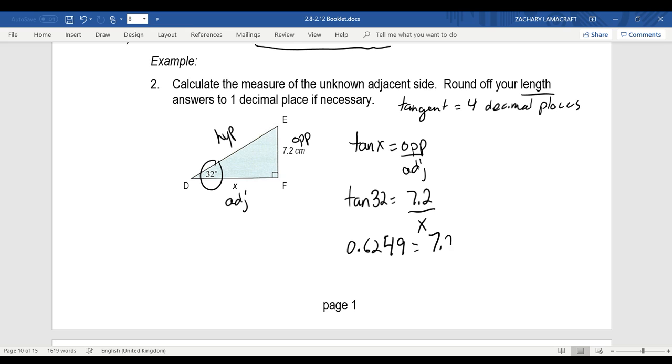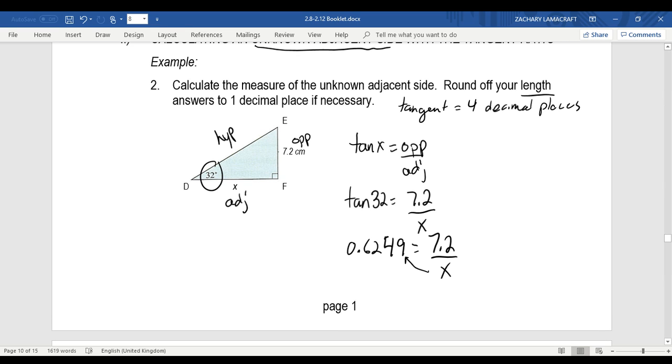And then we have 7.2 divided by x. Now, to get x by itself, we've got to play around with this equation a little bit. And this is where it starts to get a little bit confusing. So if we want x to be by itself and it's division on this side, what can we do to bring it to the other side? Cross multiplication.